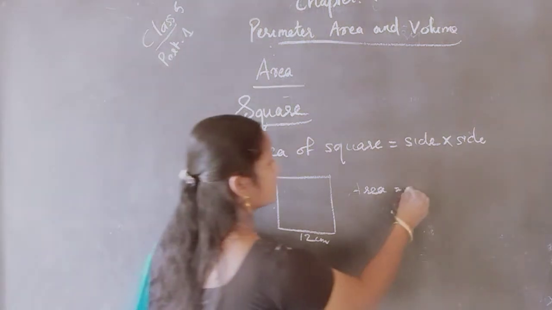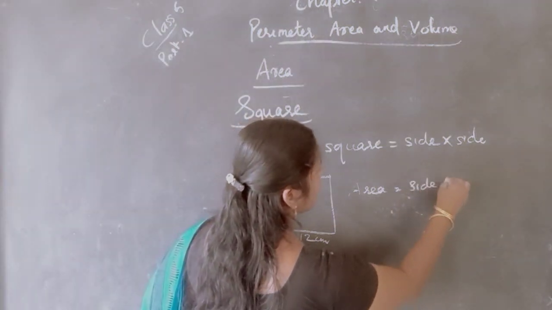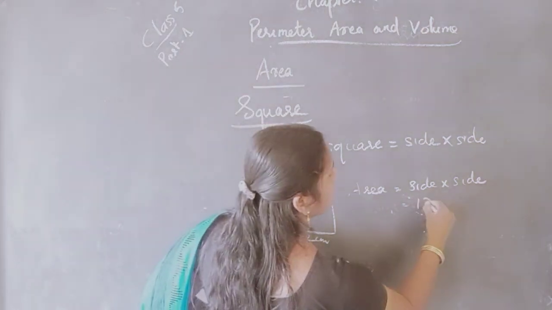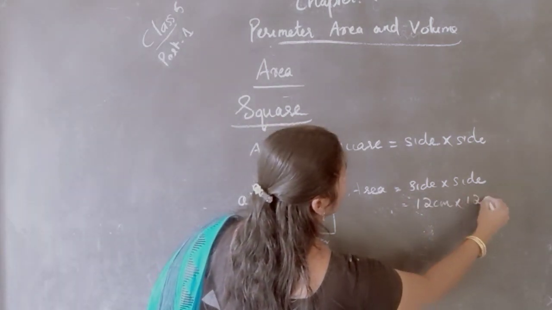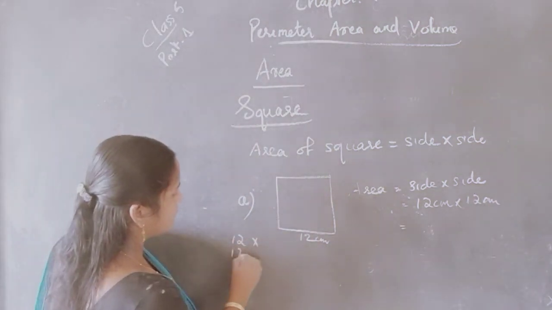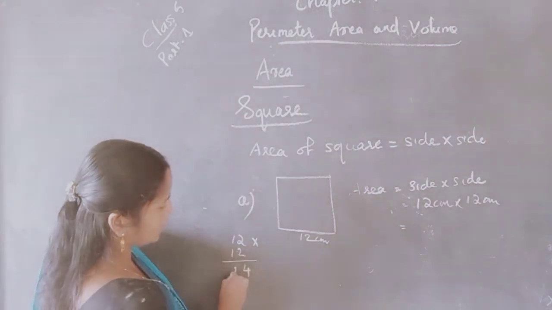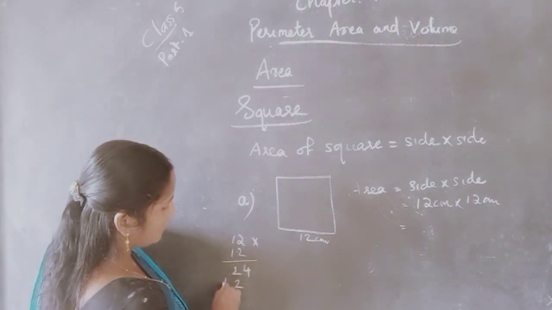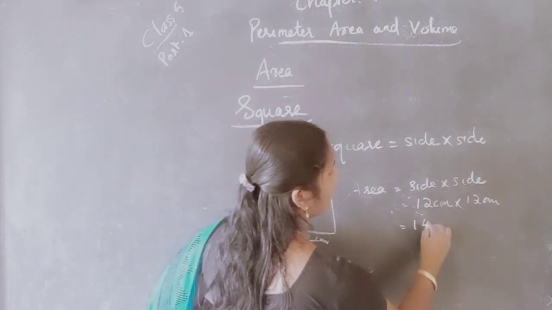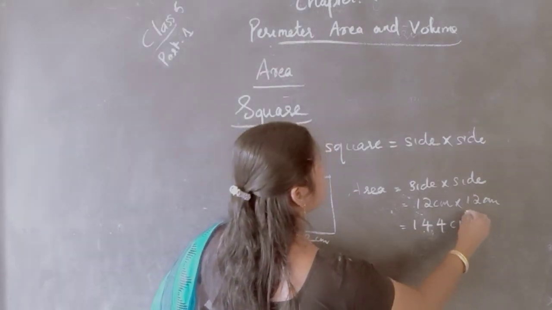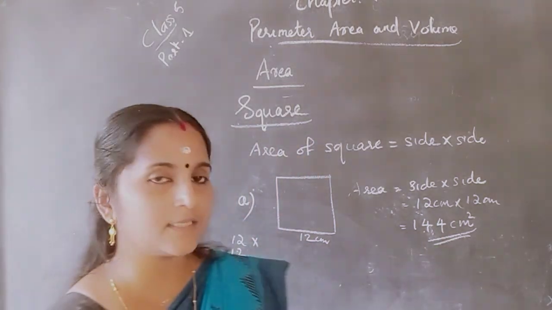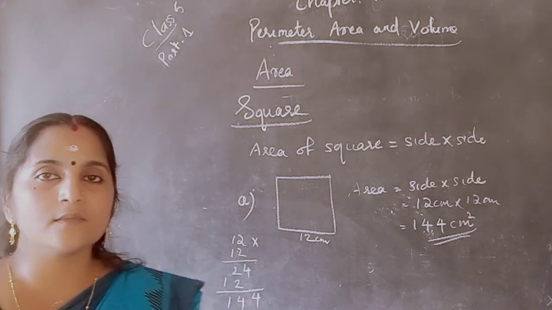So area is equal to side into side, that is 12 centimeter into 12 centimeter, that is 12 into 12. 2 2s are 4, 2 1s are 2, then 2 1s are 2, 4, 2 plus 2, 144. And what is its unit? Centimeter square, because the measures are in centimeter. So its area is 144 centimeter square.